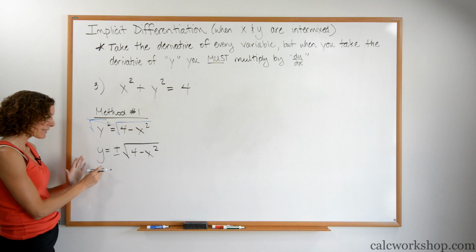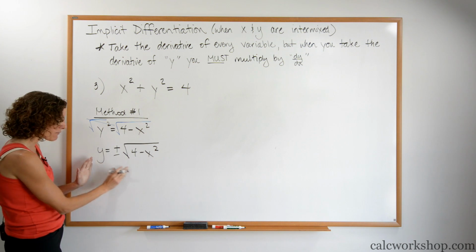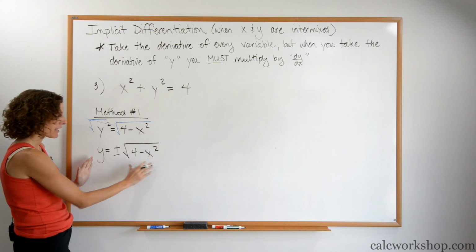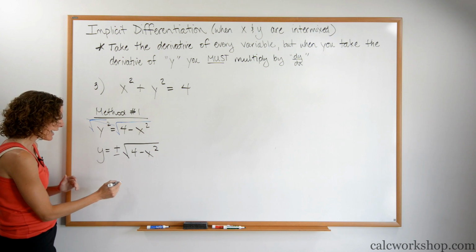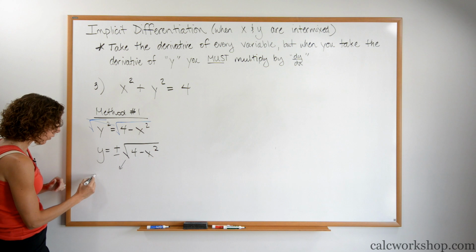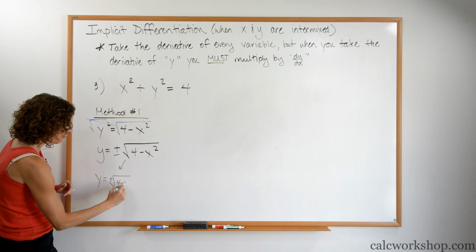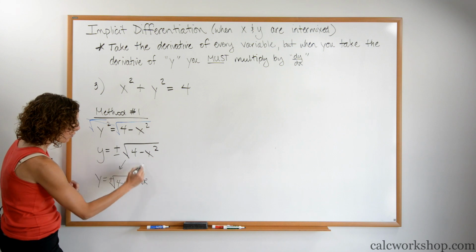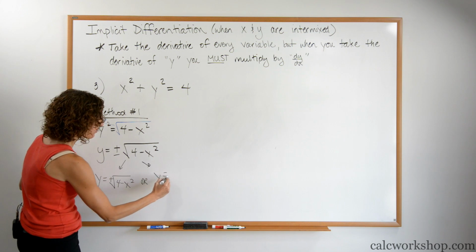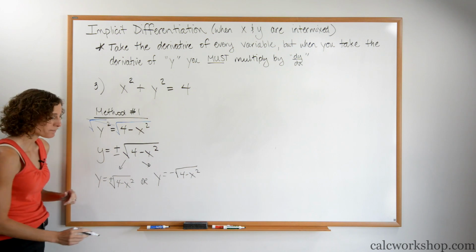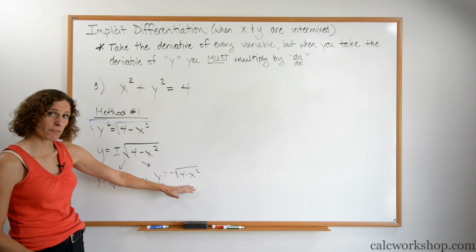So now we've isolated the y, and we're left with a function that has only x's on the right-hand side. However, if I'm going to take the derivative this way, I have to recognize that y equals the positive square root of 4 minus x squared, or y equals the negative square root of 4 minus x squared. I've got to treat both of them differently.